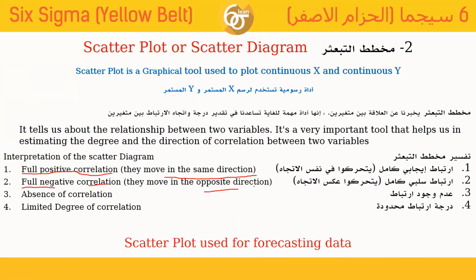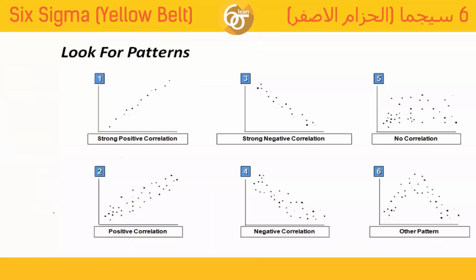You have these two options. Or we have absence of correlation, where there is no relation between the x and y. Or there is a limited degree of correlation. We can see here the types we spoke about.